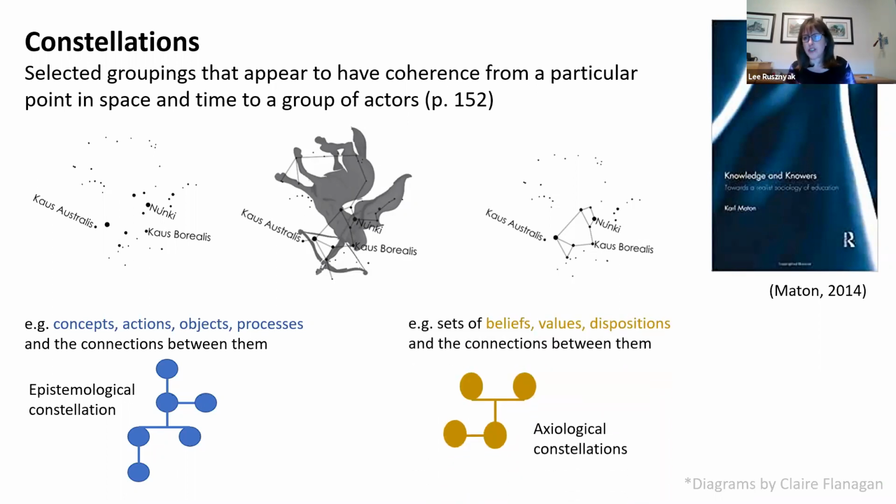Axiological constellations we understand to be sets of beliefs or values or dispositions or moral stances and the connections between them. Generally speaking, those are condensed with meanings and can be charged either positively or negatively or neutrally in various ways. So that's a little bit of the background.